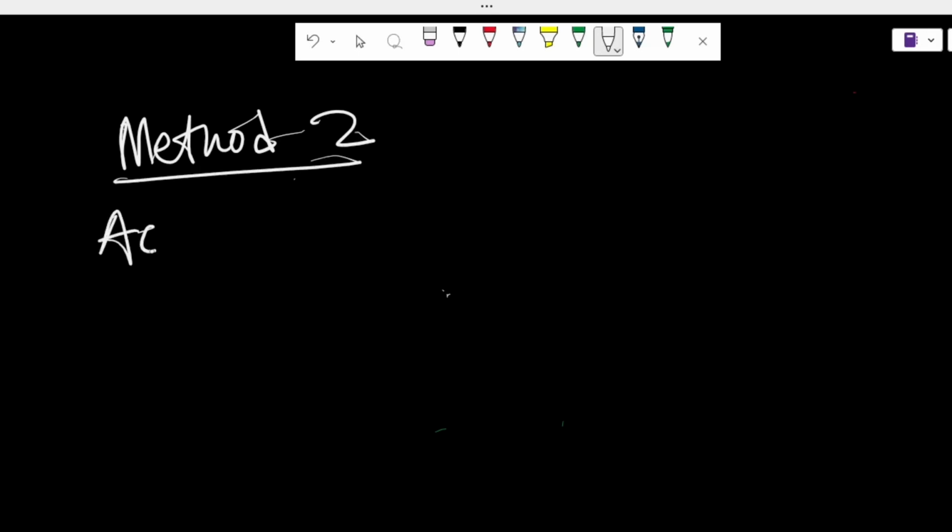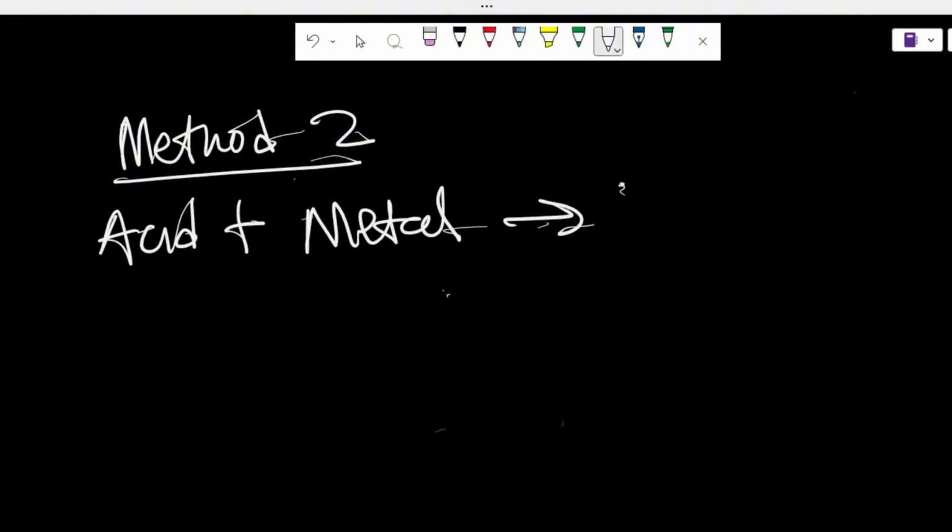Now, method 2 would be reacting an acid with a metal. So an acid plus a metal is going to give us salt plus hydrogen.